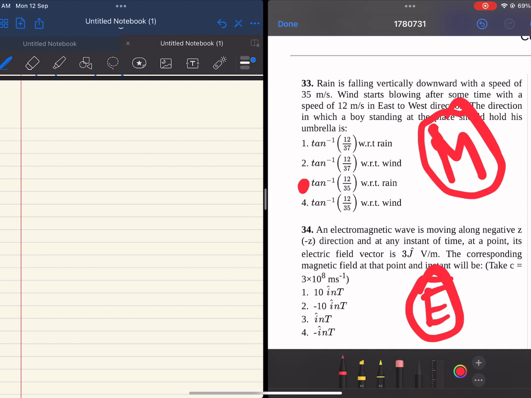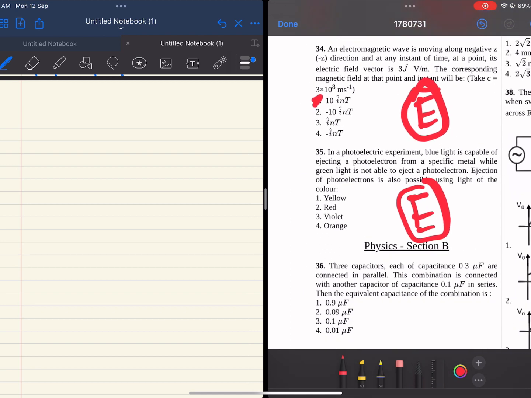35th question. In a photoelectric experiment, blue light is capable of ejecting a photoelectron from a specific material, while green light is not able to eject a photoelectron. Ejection of photoelectron is also possible using light of which color? We know blue has a higher frequency than green light according to VIBGYOR.